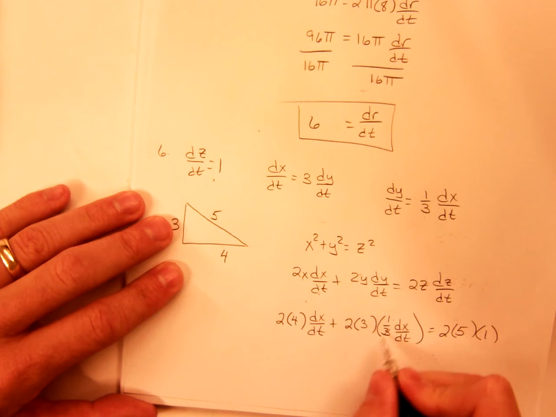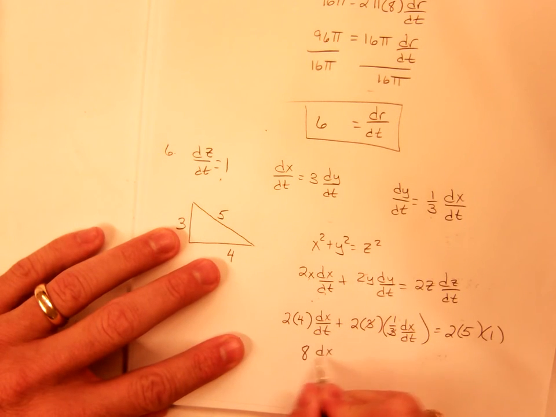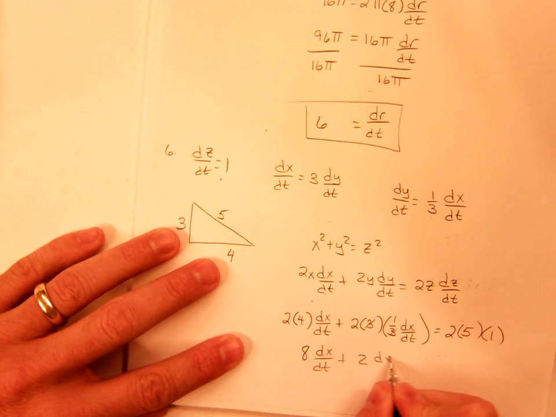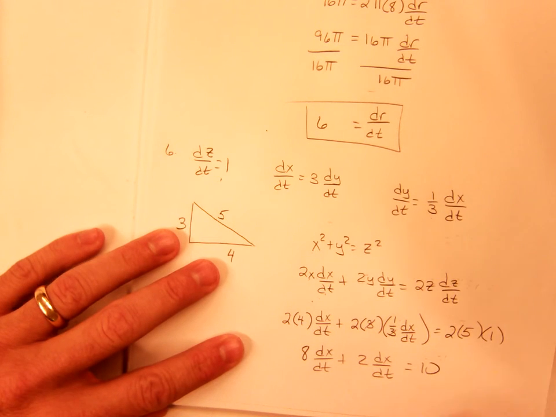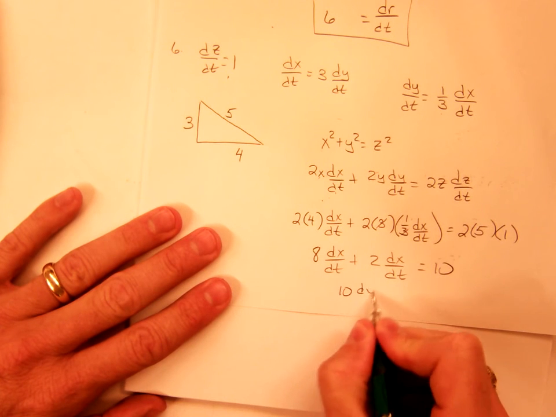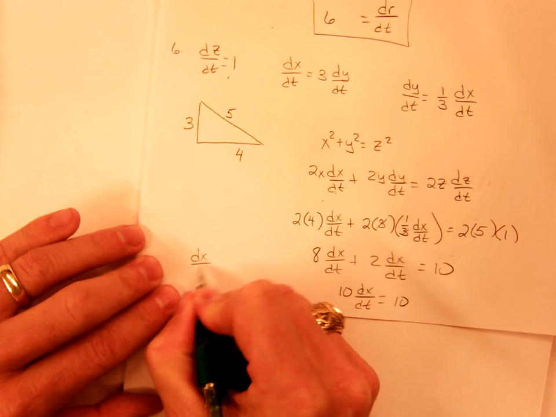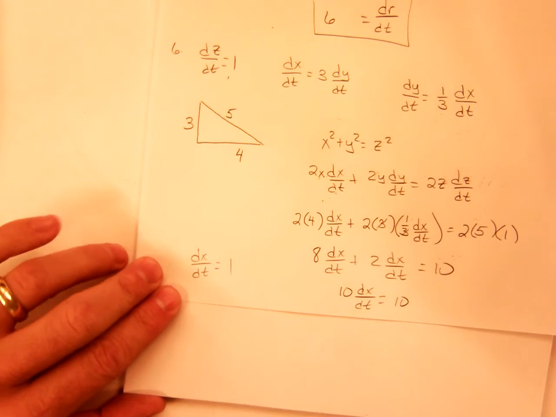That 3 and that 3 will cancel, so I'm left with 8 dx/dt plus 2 dx/dt equals 10. So 10 dx/dt is equal to 10, so dx/dt is equal to 1, which is B.